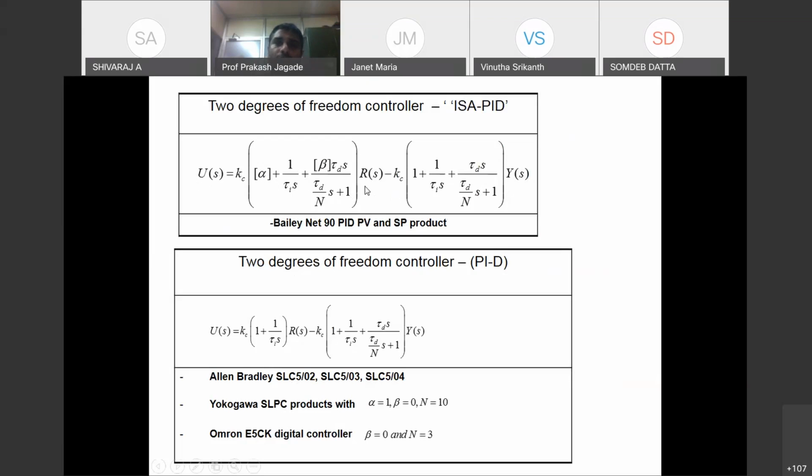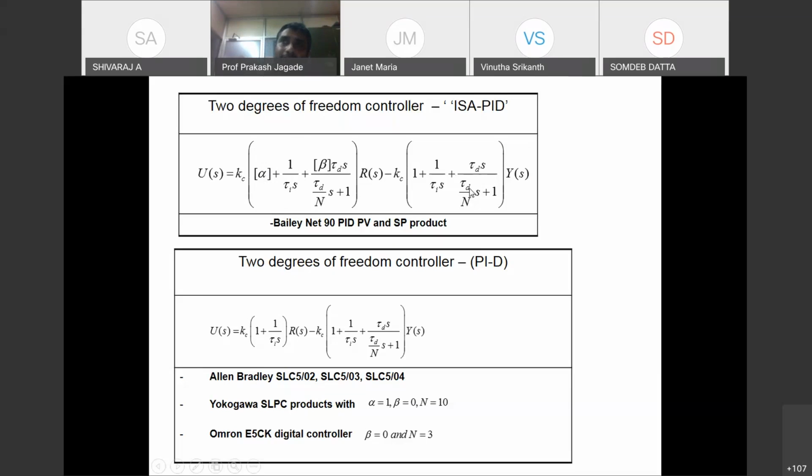So U of S is a function of R of S and Y of S. In the transfer function relating U of S and R of S, there are 6 parameters: Kc, alpha, beta, tau I, tau D, and N. And there are 4 parameters associated with U of S by Y of S: Kc, tau I, tau D, and N.